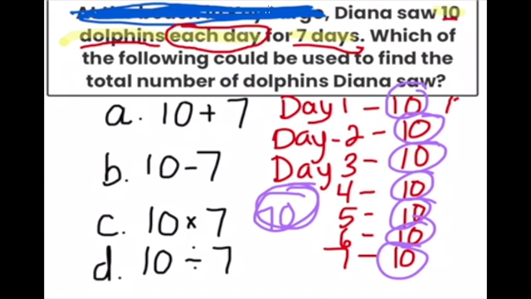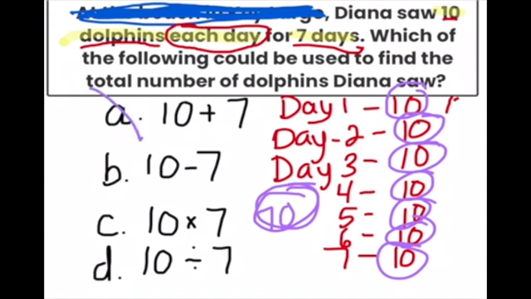Okay, so A would be 10 plus 7. Well, that would get me 17. That would not make any sense to add 7 to 10 for a lot of reasons, because I have 7 tens, but that's not the same as 10 plus 7, and that's 17.